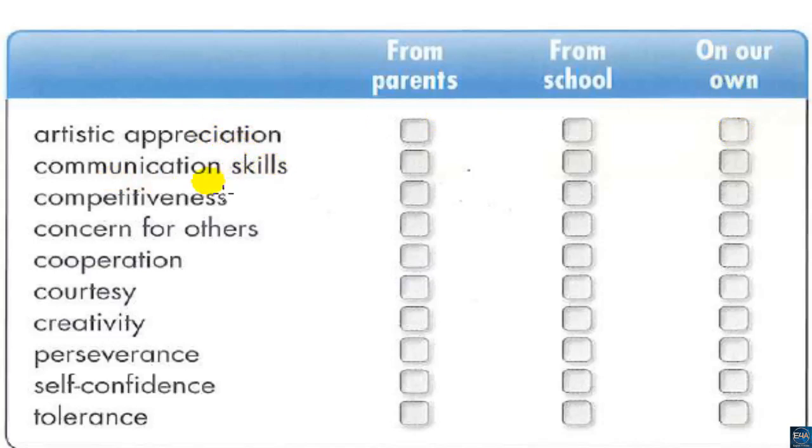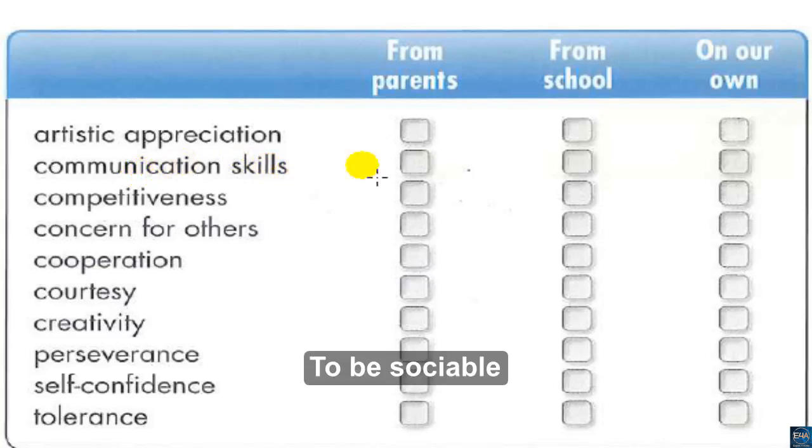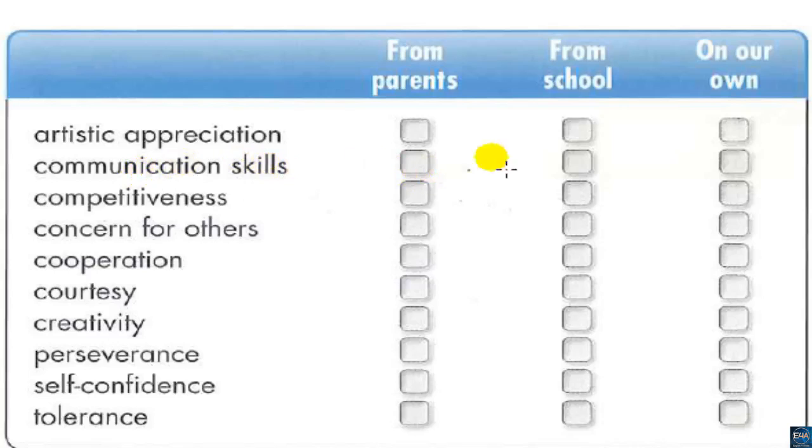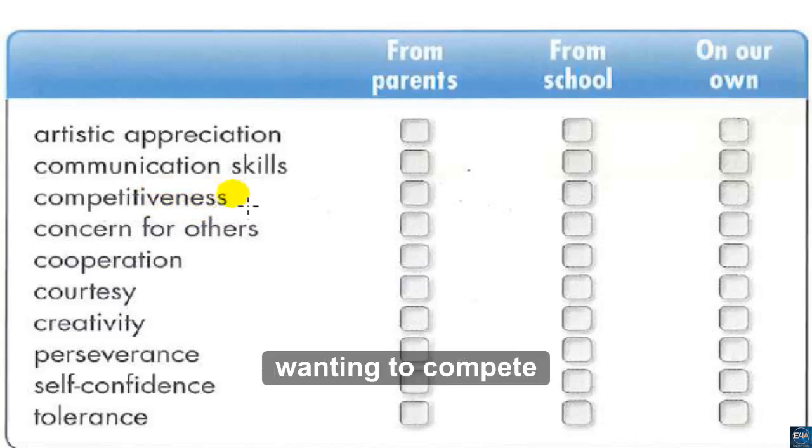Communication skills, to communicate with other people, to be sociable. Well, this is from parents, mom and dad, school of course, and on your own. Competitiveness, to compete with others.